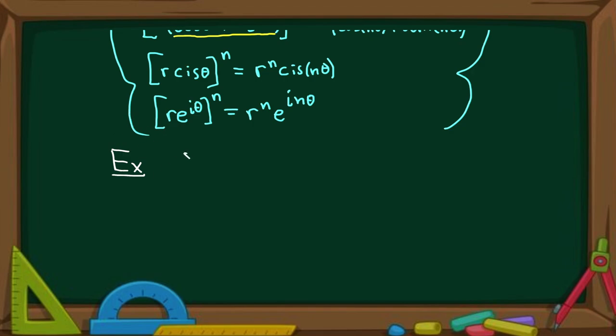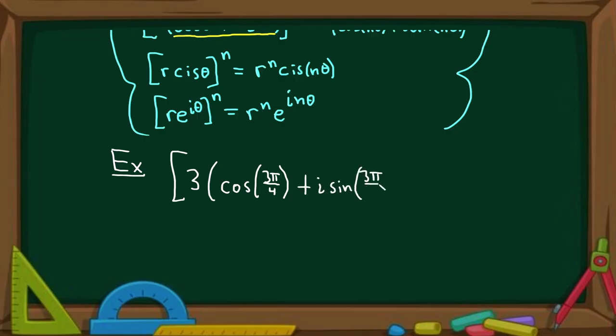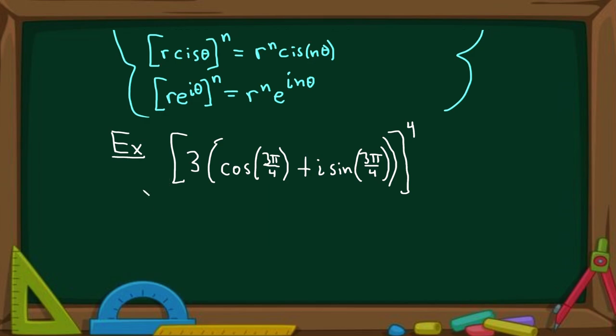Say we have bracket 3, parentheses, cosine 3 pi over 4 plus i sine 3 pi over 4, parentheses, and then a bracket, and we're going to raise this to the 4th power. All right, let's go ahead and go through it.